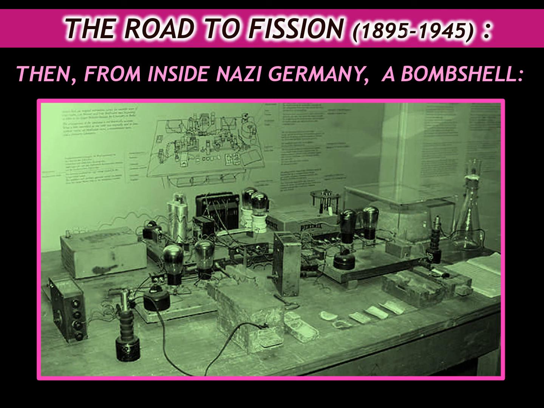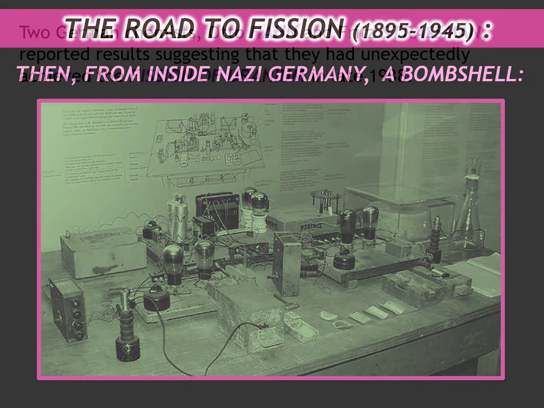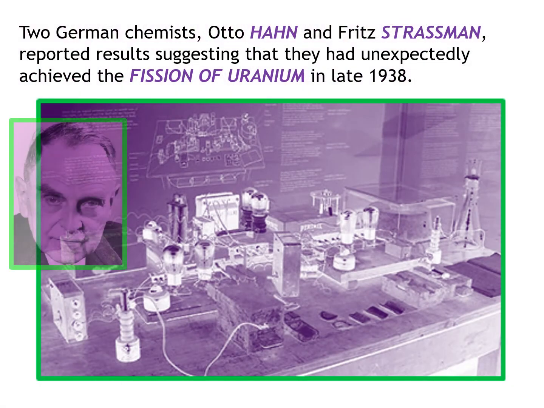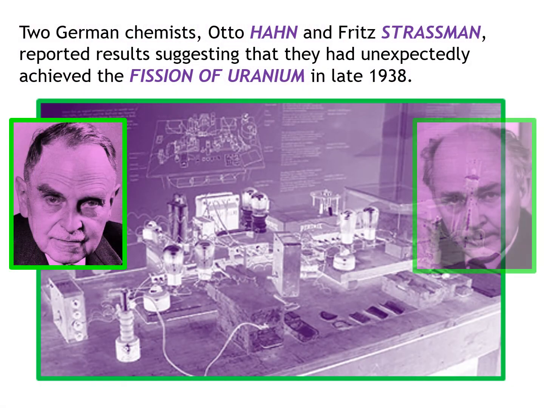This was an attempt by two German chemists, Otto Hahn and Fritz Strassmann, and they were trying to duplicate Fermi's work. They were doing the same thing. They were taking the heavy element uranium, shooting neutrons at it, and expecting to get similar results.